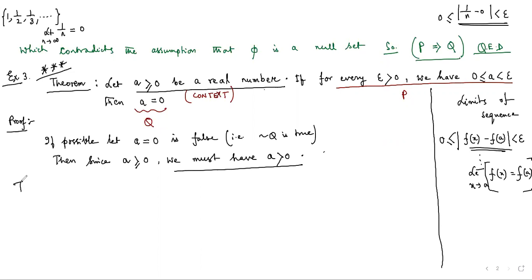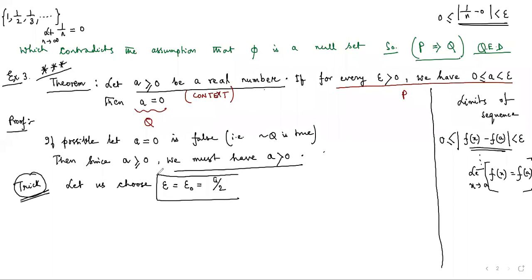Now, here also a kind of trick will be applied. You have to remember this part. Let us choose my epsilon to have a specific value, which is epsilon naught, and which is a by 2. We can do so because epsilon is an arbitrary number. We can put any number, it is our choice.